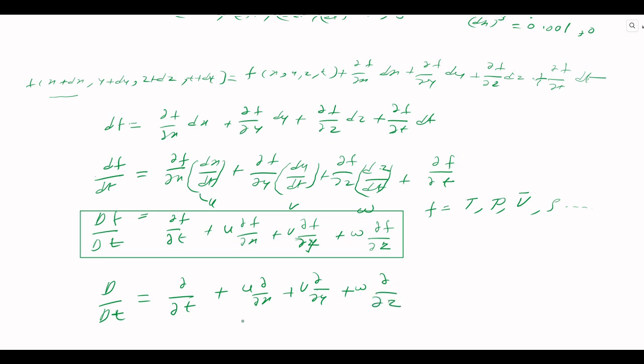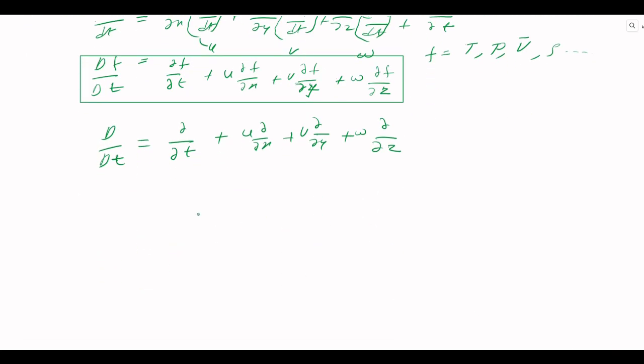Or I can write this in vector form also: D by Dt equals the partial derivative with respect to t plus V dot the del operator.